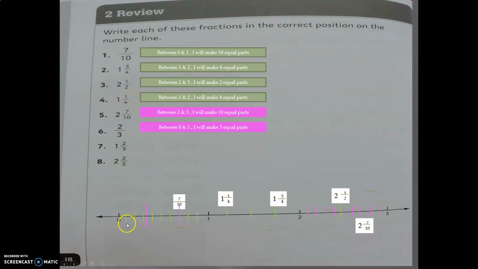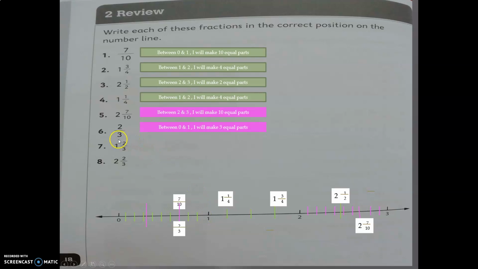If I moved from 0 to this part and then to the next part, it means I finished 2 parts out of the total 3. So where are you gonna put 2 out of 3? Yes, here, 2 out of 3. 2 out of 3 is a proper fraction because it is less than 1. You haven't reached 1 yet.